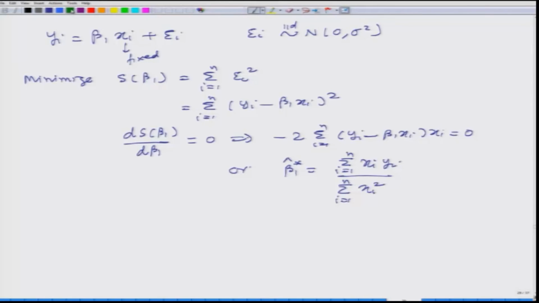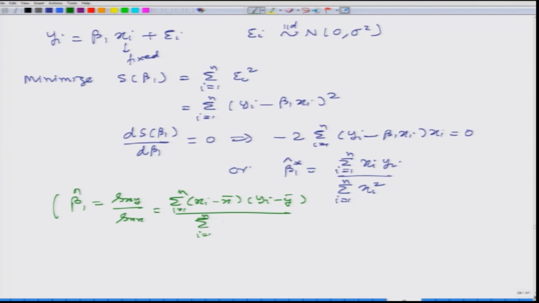For the sake of clarity, that beta 1 hat is Sxy upon Sxx, which was the summation of xi minus x bar times yi minus y bar, upon the summation of xi minus x bar whole square. This was obtained in the model yi is equal to beta 0 plus beta 1 xi plus epsilon i, so that there is no confusion between the two symbols of beta 1 hat. So, now what do you observe here?